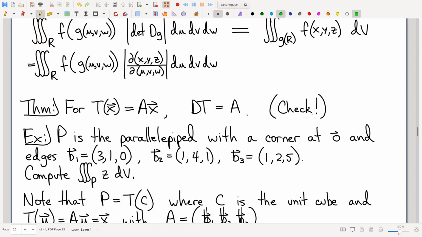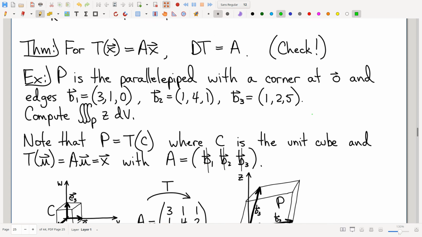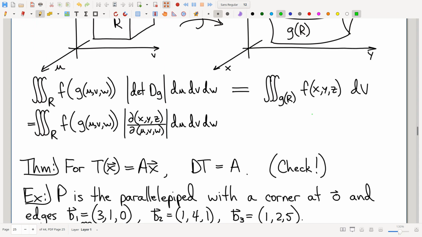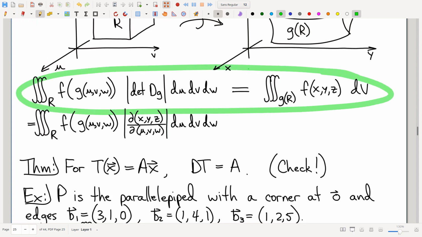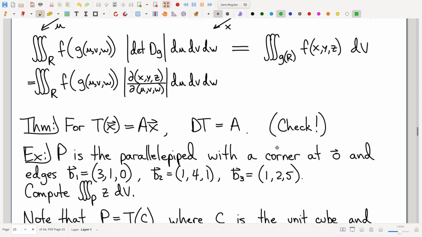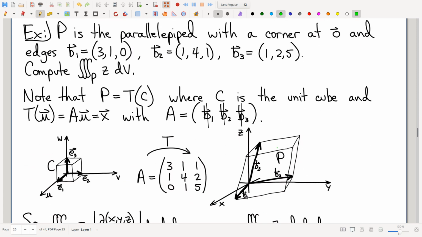Okay, so with that established, we're going to move on now and do a 3-dimensional change of variables, pulling back through a cleverly chosen change of variables function. Okay, here's the question.